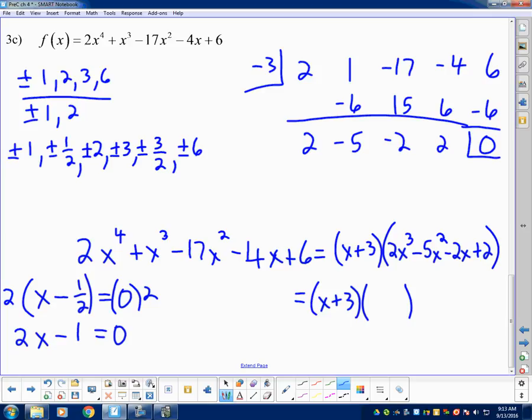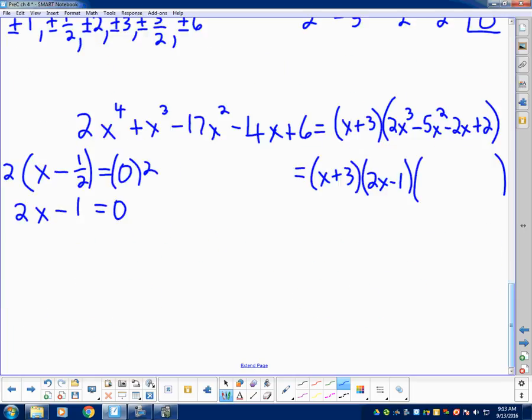And so that's my factor here. So if x minus 1/2 is a factor, 2x minus 1 is another way to write it. Okay, then, what's going to be left over here? So if x plus 3, 2x minus 1.